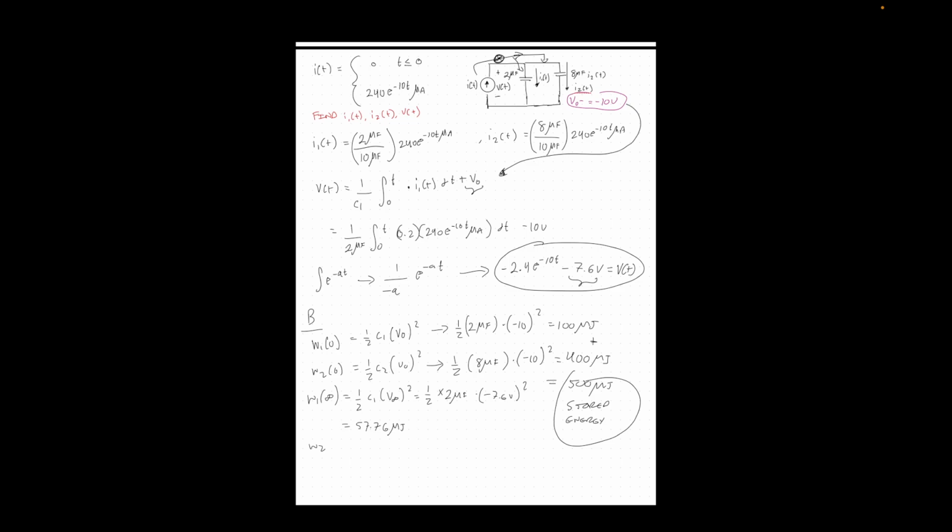My W2, calculated in the same way, is going to be 1/2 times my 8 microfarad times my negative 7.6 squared, which is going to give me 231.04 microjoules.